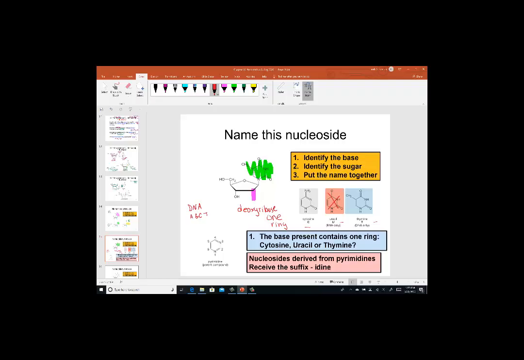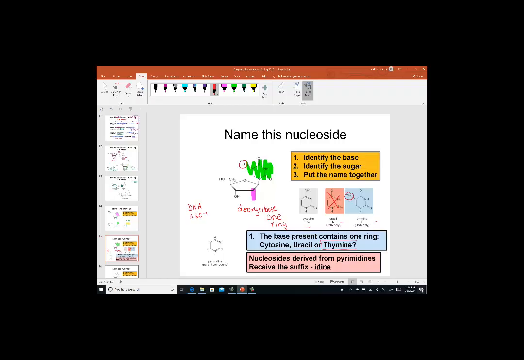I know that it cannot be uracil because uracil is not one of the choices for DNA. So now I have it narrowed down to cytosine or thymine. Which one is it? Well, you can see that it has this methyl group right here, which makes this thymine.